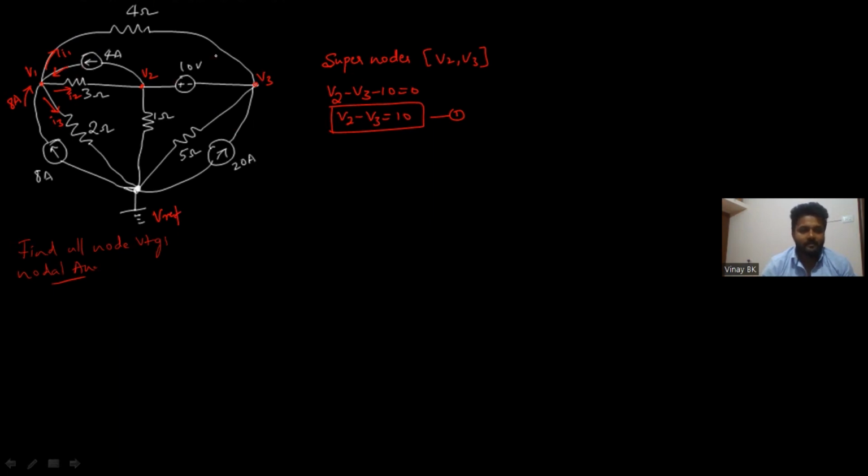At V3 you can assume I1 is entering, and at V2 you can assume I2 is entering, and I4 is leaving here, so this is I4. And again at V3, 20 ampere is entering, and one more, that is I5, which I'm assuming is leaving.